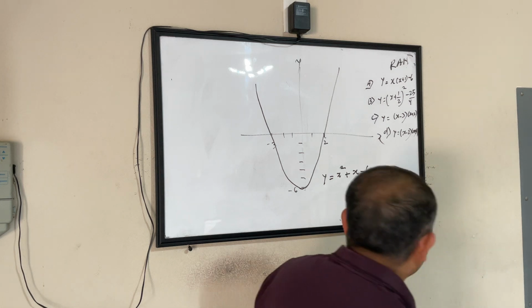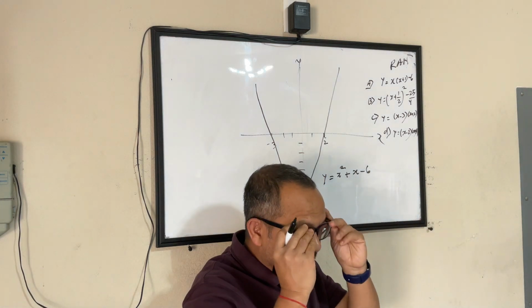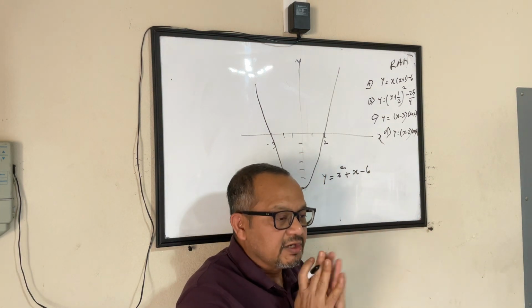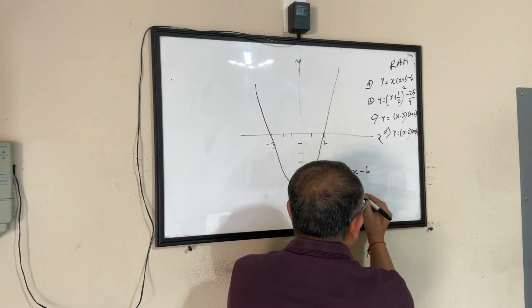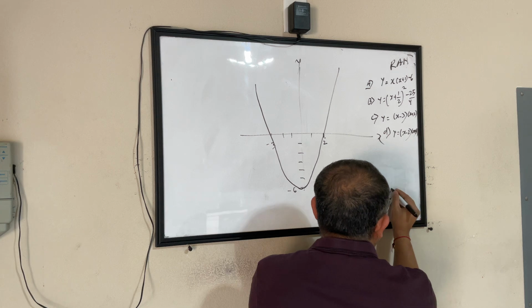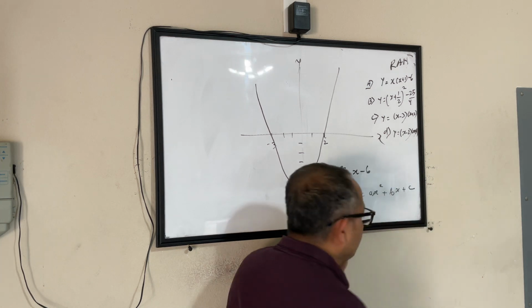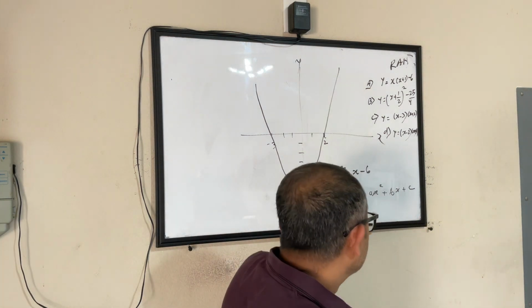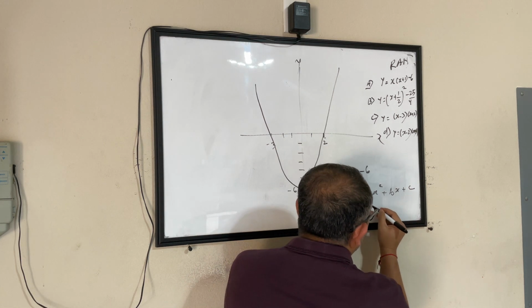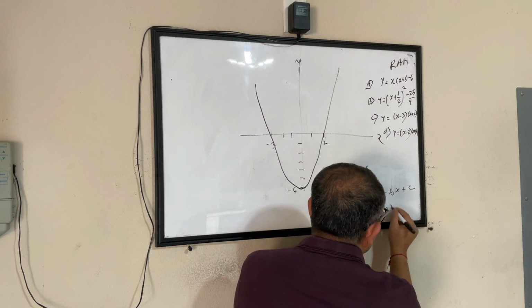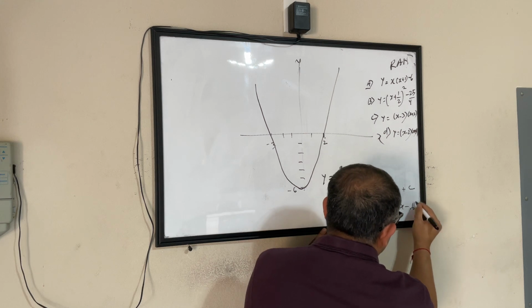So now, if you guys recall, when we looked at any quadratic equation, y equal to x squared plus bx plus c, this was one form, which is called the standard form. Our second form was called the intercept form, y equal to x minus a into x minus b.